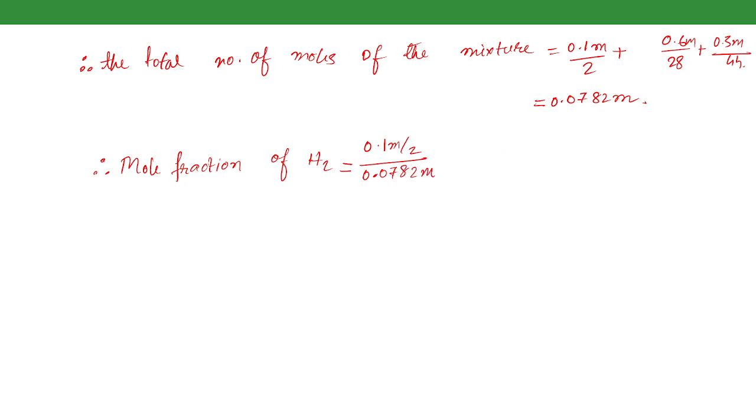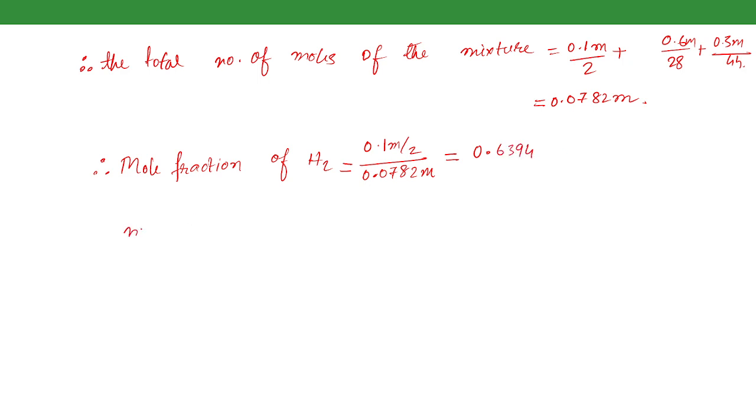So the m gets cancelled from the numerator and denominator. That is why we have taken m as an arbitrary value, so that we know it will get cancelled ultimately. Okay, so this value comes out to be 0.6394.